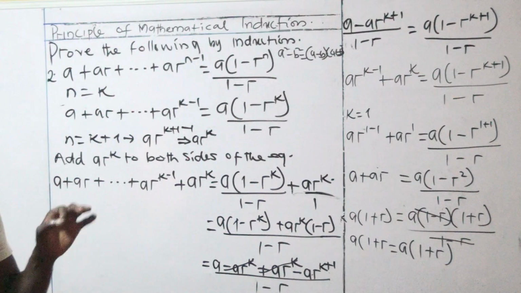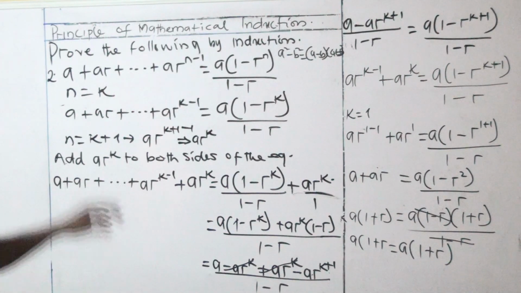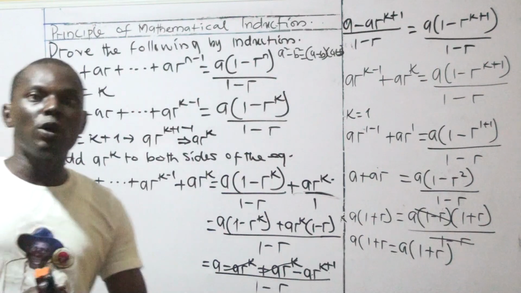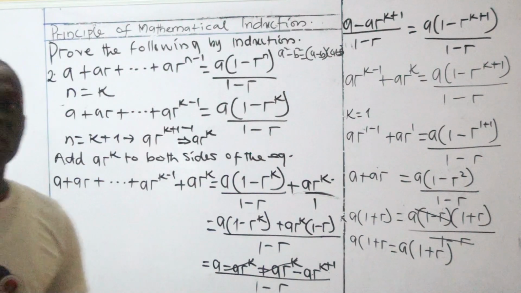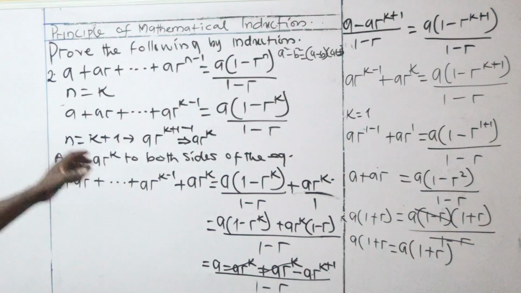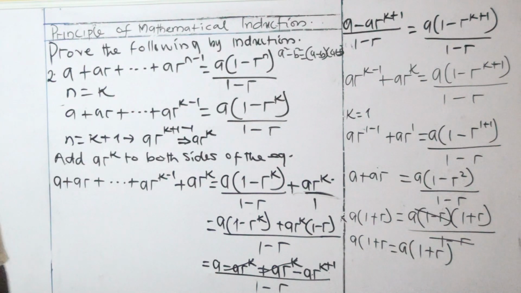Once you are able to establish that, the next thing is you must also assume, since it's true for n equals 1, that it's also true for n equals k. Then you go further to show that it is true for n equals k plus 1, and you will carry out your operations.